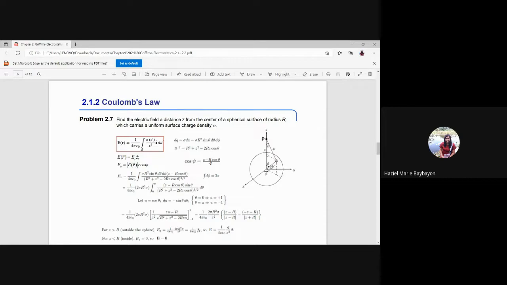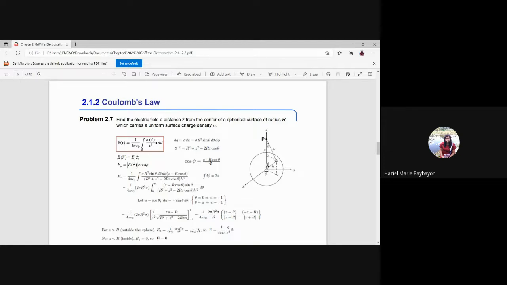So r is the distance from the origin towards any point on the surface. Here we take a surface element dA. From here to the surface, the distance is r, equivalent to the radius of the sphere.